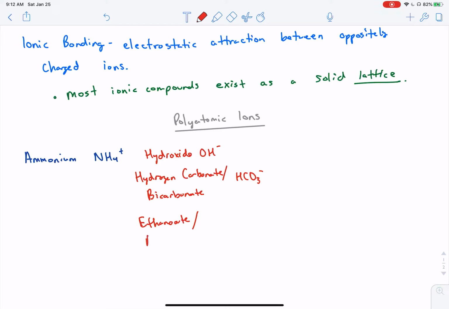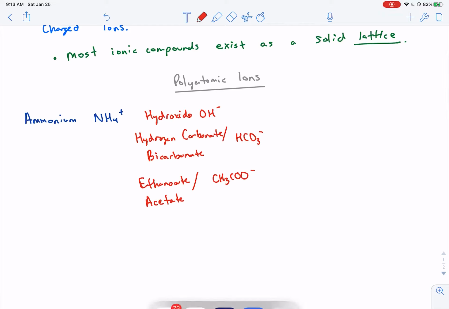Ethanoate or acetate is CH3COO minus. Nitrate is NO3 minus. And cyanide is CN minus. Those are all the one negative charges of polyatomic ions that you need to know.